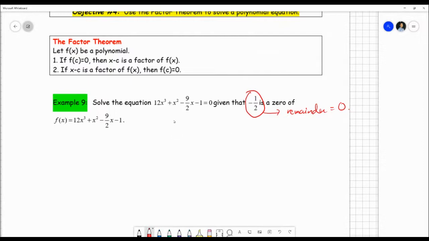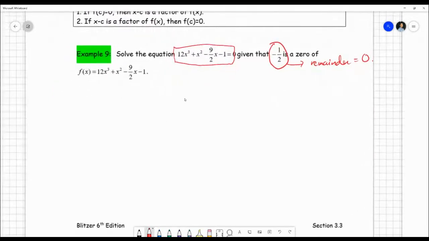So what we can do here is reduce this f of x down to an x squared polynomial, so we can solve it by using the quadratic formula or by factoring. So here is the process. We're going to use synthetic division on this c right here, and we're going to reduce it down by 1 degree. So let's do that.